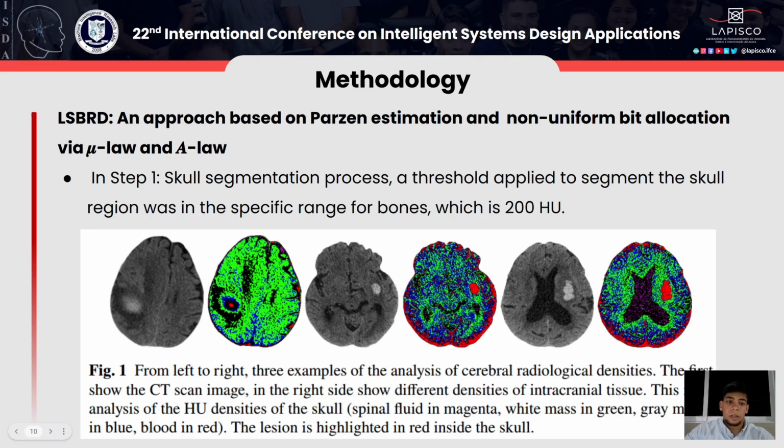So about our method, it is called LSBRD, an approach based on Parzen estimation and non-uniform bit allocation via MILAW and ELAW. In step 1, skull segmentation process, a threshold was applied to segment the skull region in the specific range for bones, which is 200 Hounsfield units.